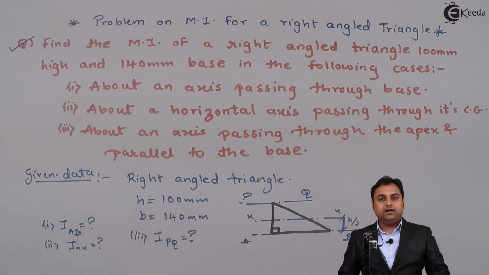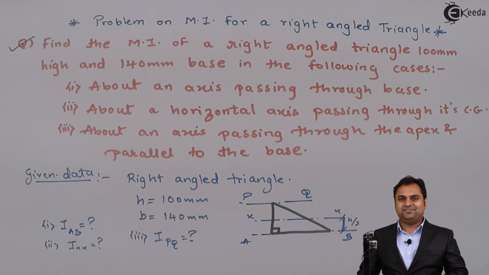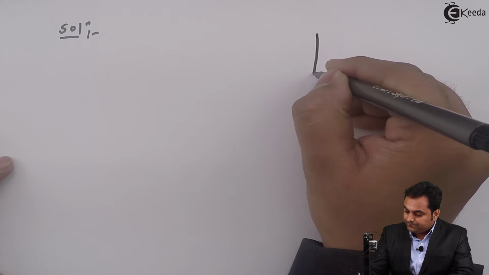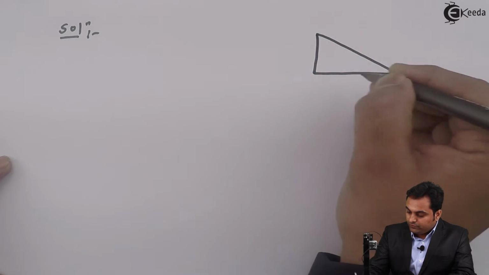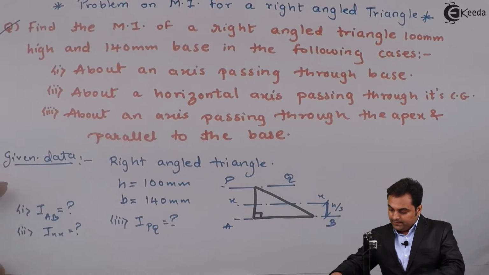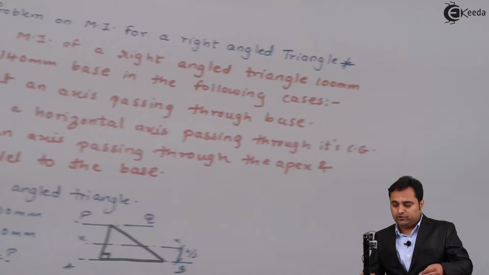So with the data available, the problem understood, let us try to get the solution to this question. In the solution part, here I'll draw this figure again. Now for the right angle triangle, in the question it is given that it is 100 mm high and base is 140.